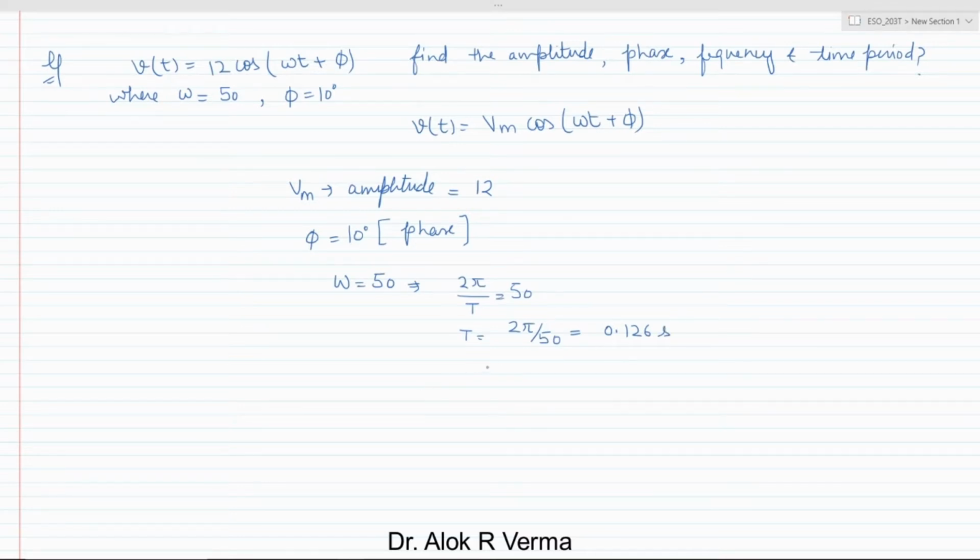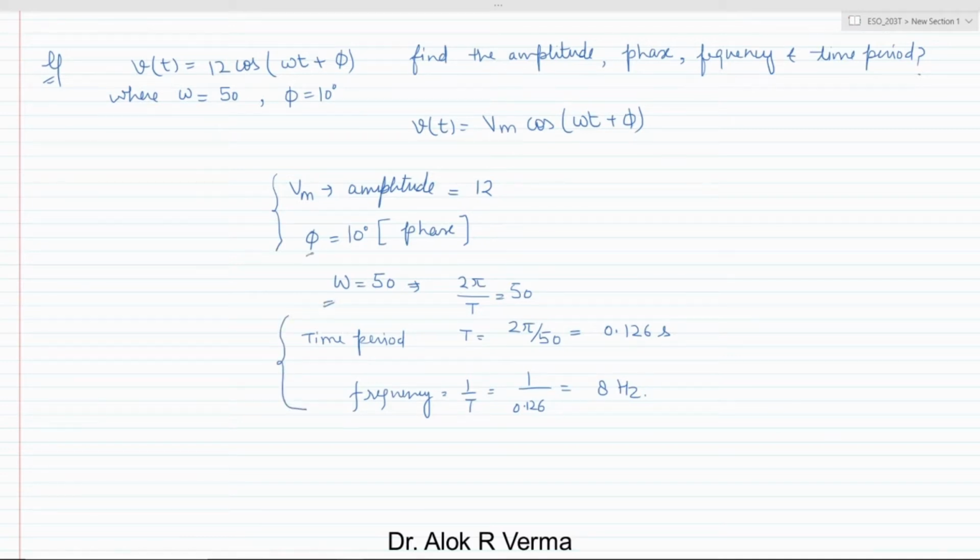Now if you have to compute the frequency, we have computed the time period. Frequency is nothing but 1 by T, so 1 by 0.126, which comes close to 8 hertz.